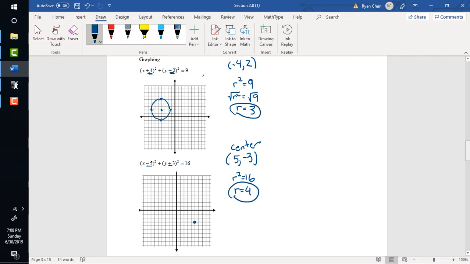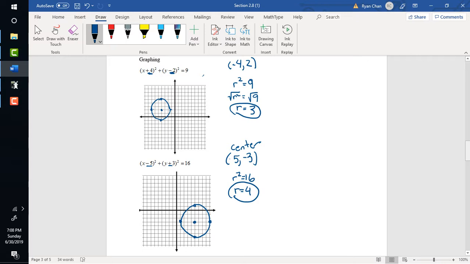Same thing, we go up, down, left, right by 4. 1, 2, 3, 4. And then to the right, 1, 2, 3, 4. And so on for down and left. And that's it right there.